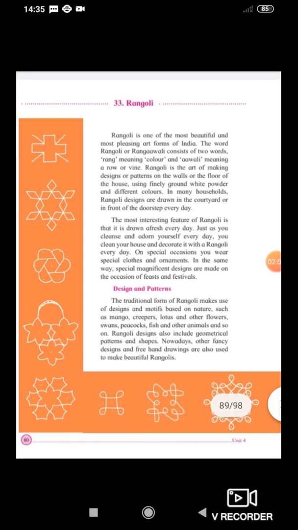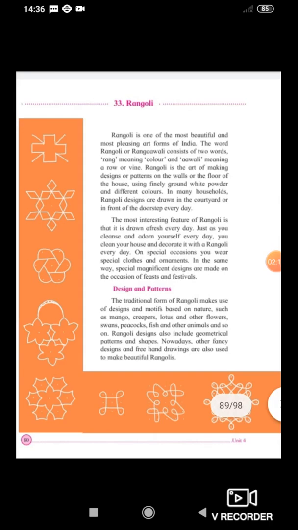Now, this chapter number 33, Rangoli, takes us through various designs, motifs, patterns, and shapes which the traditional form of Rangoli makes use of.